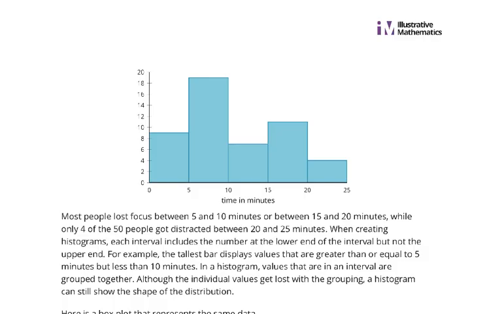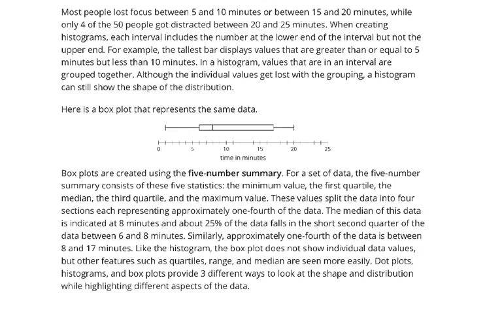You've got a histogram, and here's your box plot. So you might want to take a look at this and see if you can figure it out on your own. I'm actually going to create the box plot for you, but if you truly don't know how to do a box plot, I would strongly suggest you Google it and watch a Khan video or something on box plots, okay?